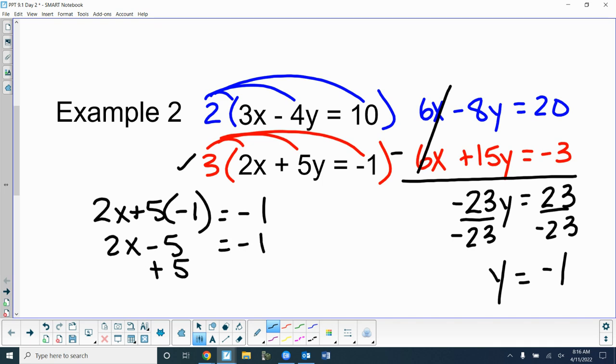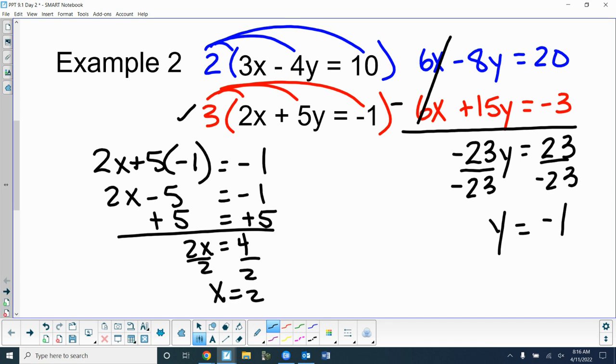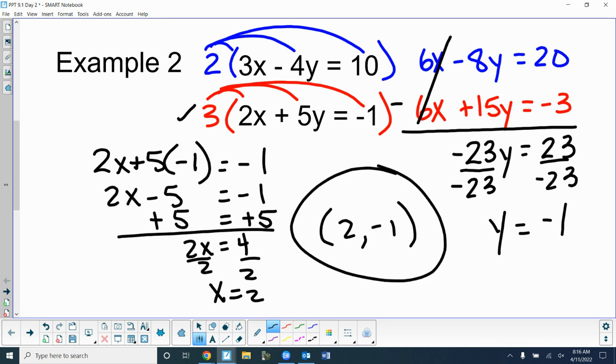Add 5. We get 2x equals 4. Divide by 2, x is 2. So we didn't get any fractions, did we? Okay.